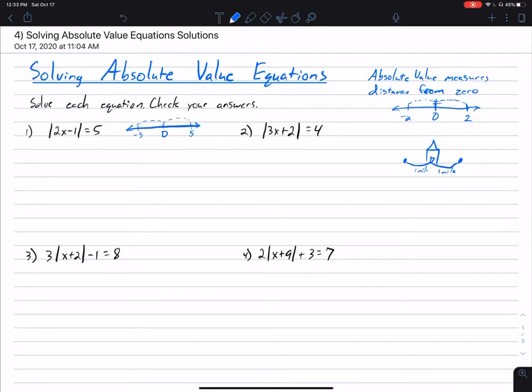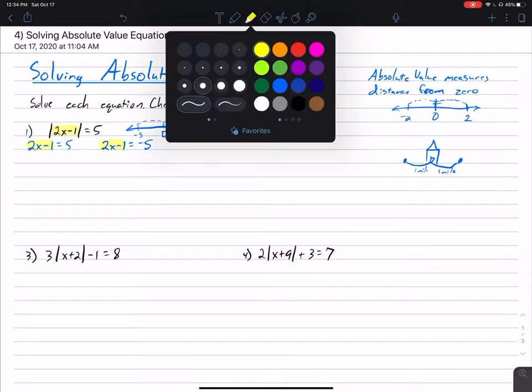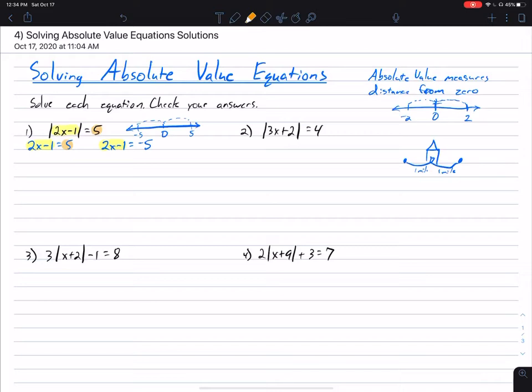So getting to the actual arithmetic, once you have the absolute value isolated, you're going to set up two equations. You're going to say that 2x minus 1 is equal to 5, and 2x minus 1 is equal to -5. So you take the inside piece and set it equal to the positive and negative versions of whatever number is on the right side. And then you solve these equations as you normally would.